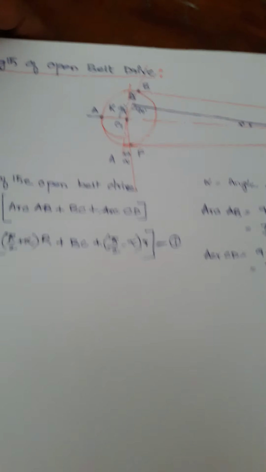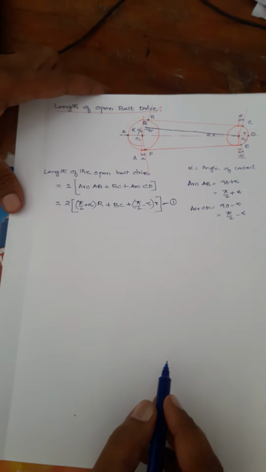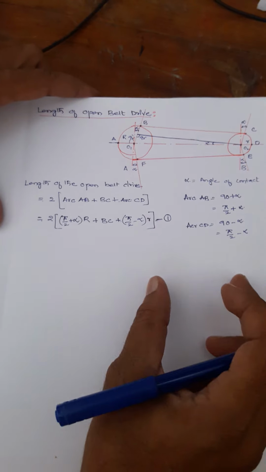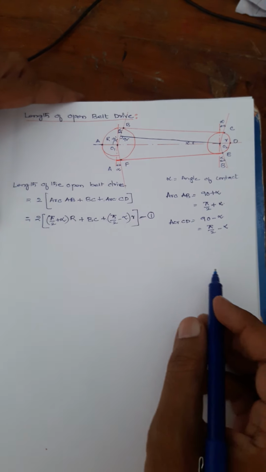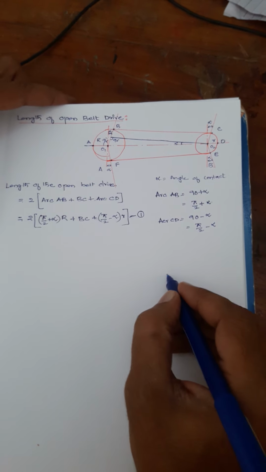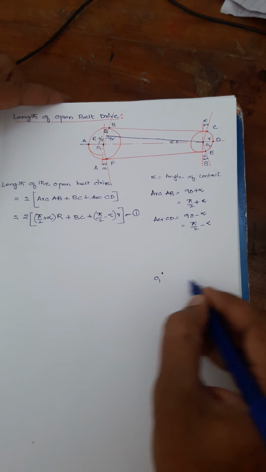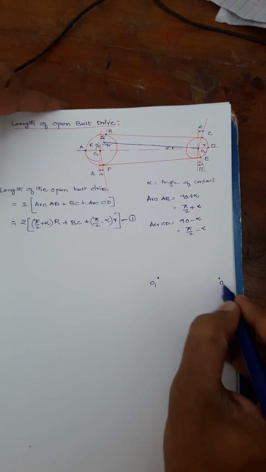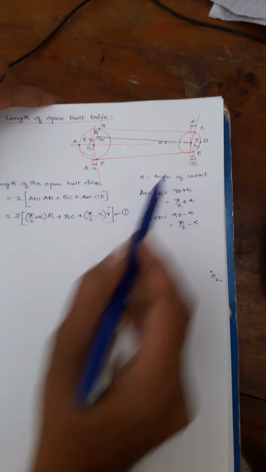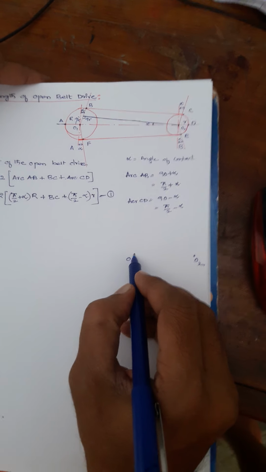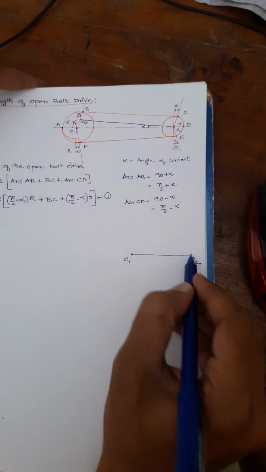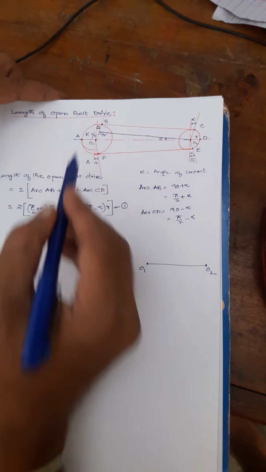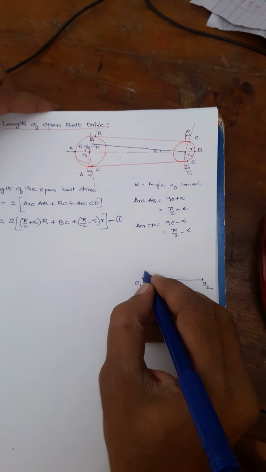Okay, 90 degrees. Now let us take this separately here. This one is O1, this one is O2. Okay, first draw a straight line. Then draw the O1B line.